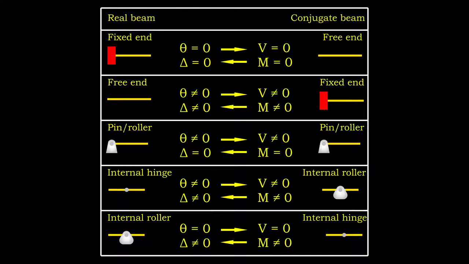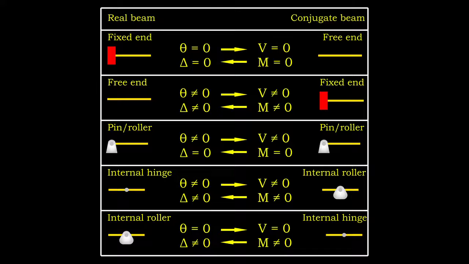This is because in conjugate beam theory, the rotation of a point on real beam equals to the shear force developed at the same point on conjugate beam. The displacement, on the other hand, equals to the bending moment developed at corresponding point. For fixed end, we always assume no rotation and displacement occur.